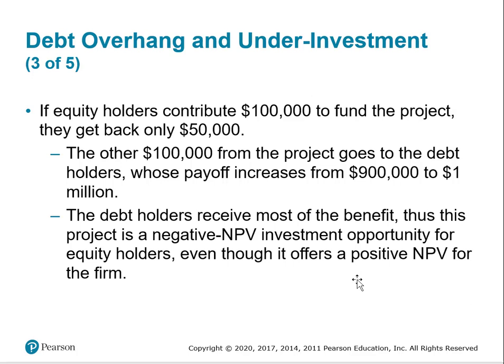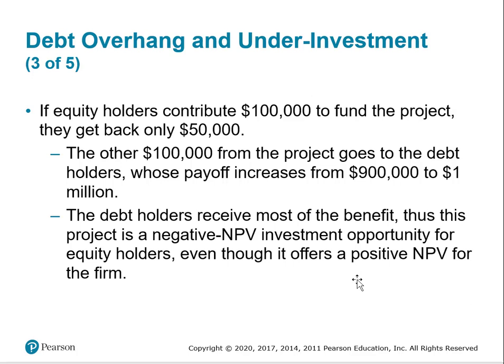So the other $100,000 from the project goes to the debt holders, whose payoff increases again from $900,000 to $1 million. So the debt holders receive most of the benefit. And I think we're going to see in some later videos how this plays out with some easier numbers to absorb, if you will. But again, debt holders receive most of the benefit.